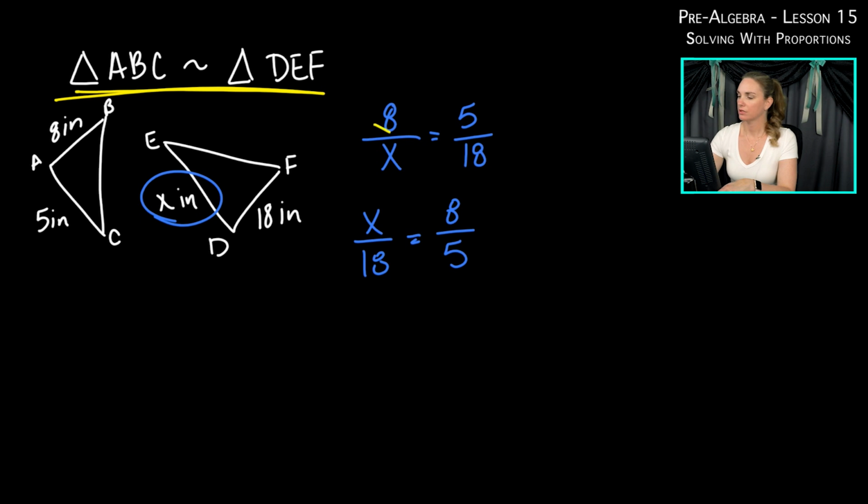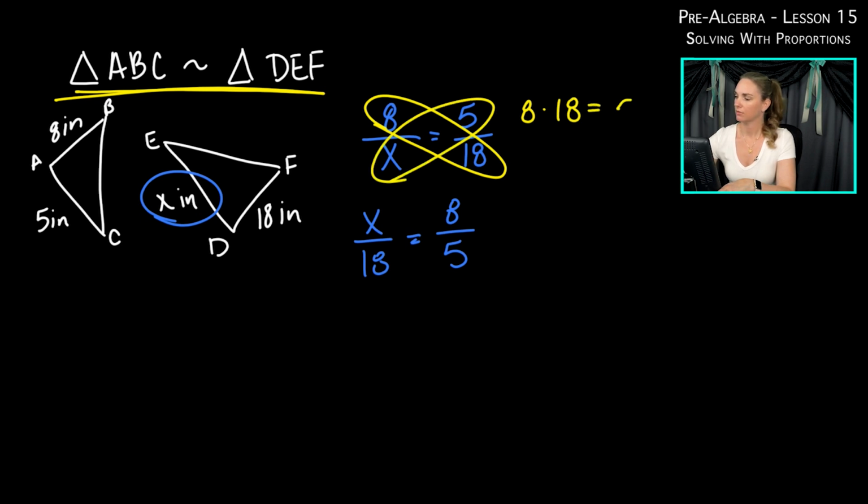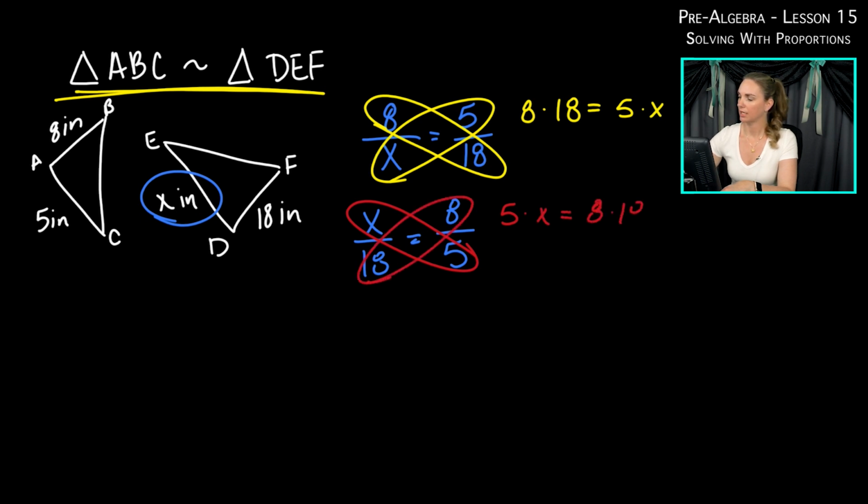So if I'm going to solve this with a proportion, I would say 8 times 18 equals 5 times x. Now look down here. If I were to solve this one, I would say 5 times x is equal to 8 times 18.